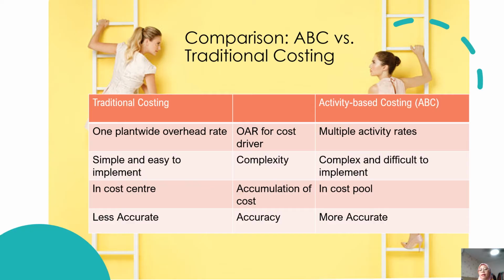And lastly, traditional costing will be less accurate, whereas activity-based costing will be more accurate, since it zooms in and looks in detail at what kind of activity incurred the cost. Since we do so, the calculation will be more accurate.